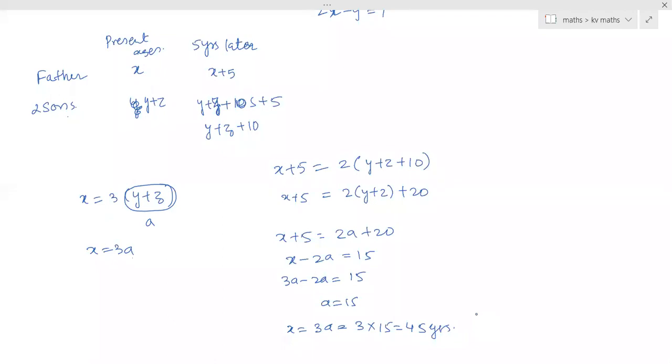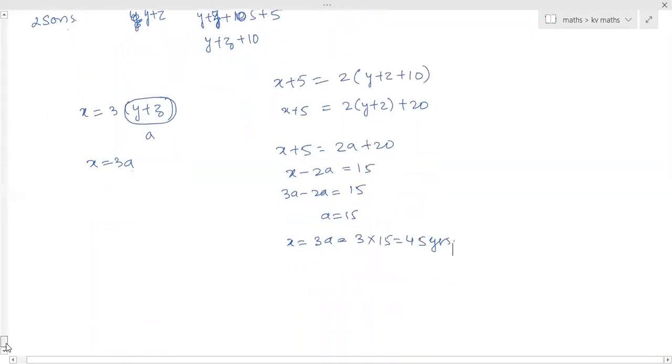Just like this, Kathy and this one, we have done, the optional exercise, Ani and Biju. Yes, ma'am. Exactly same question. A is older to B by 2 years. A's father F is twice as old as A and B is twice.